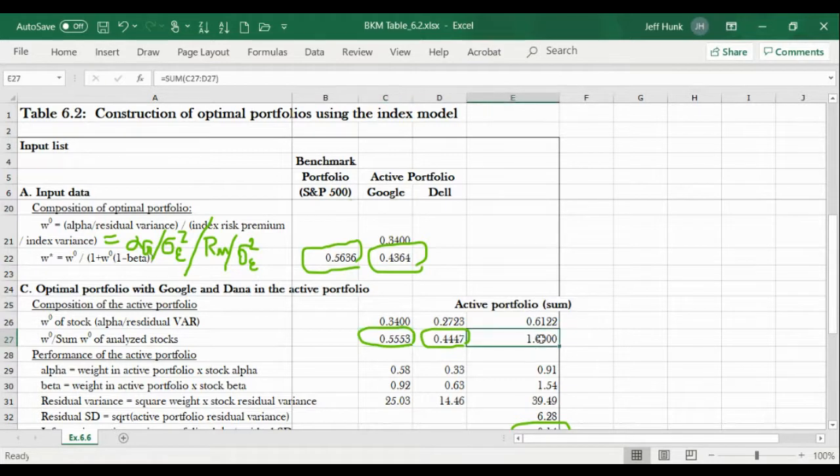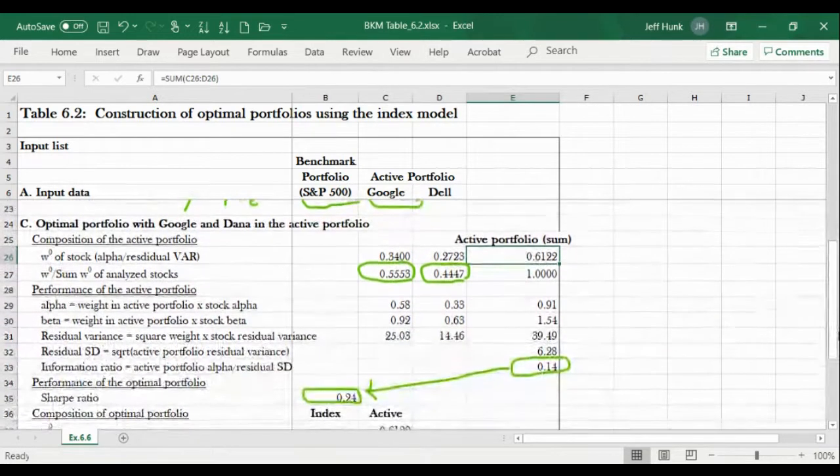And then, of course, the sum of these two will be... okay. Now, this is the weight of the active portfolio.